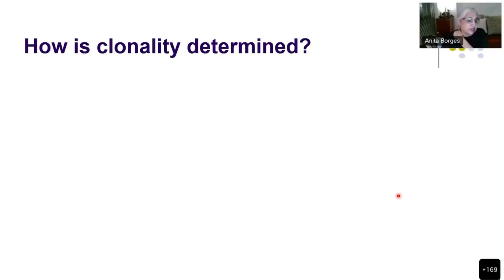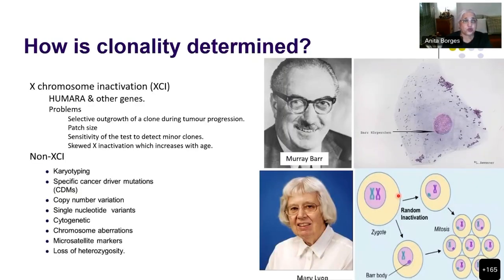You know that the most common way of determining clonality, before we started doing whole genome sequencing and karyotyping, was X chromosome inactivation. Karyotyping was before whole genome sequencing. Do you know what X chromosome inactivation is about? I won't be able to explain it, but you should know that there was a gentleman by the name of Murray Barr, and he had a student.